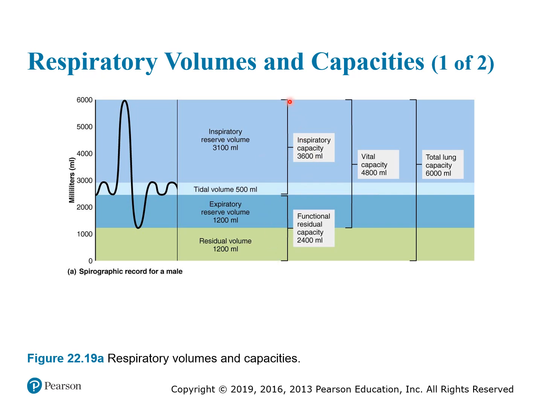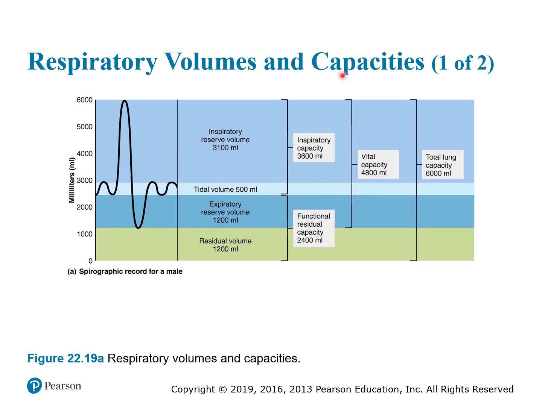Now we have capacities. When two or more volumes come together, they make a capacity. First of all, we have inspiratory capacity, which is the tidal volume plus the inspiratory reserve volume. Then we have functional residual capacity, FRC, which is the expiratory reserve volume and the residual volume.